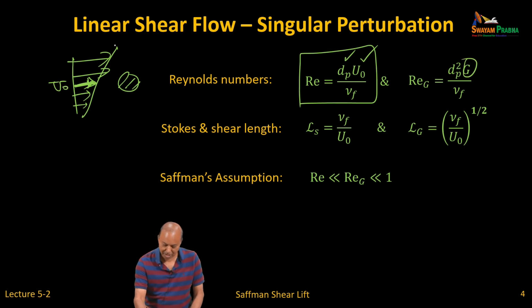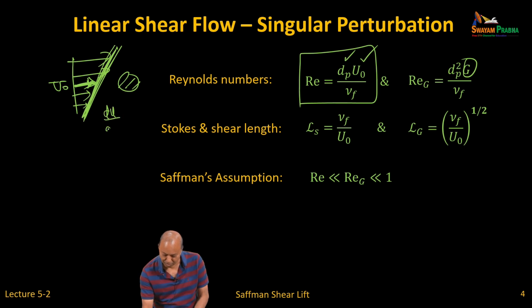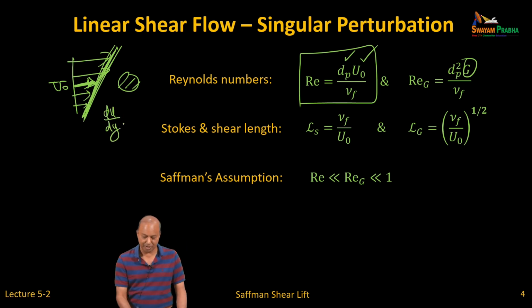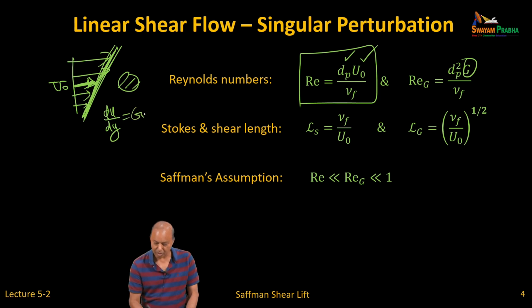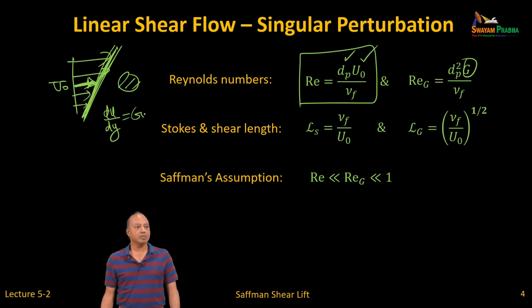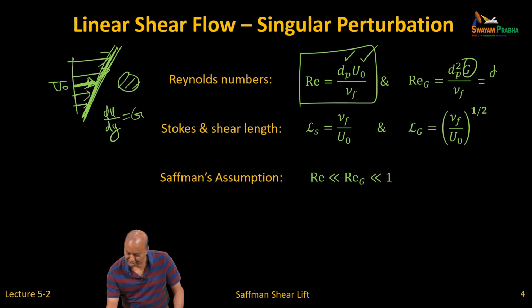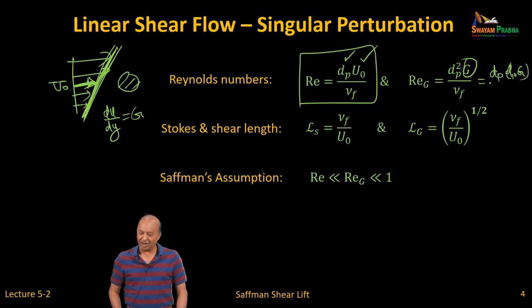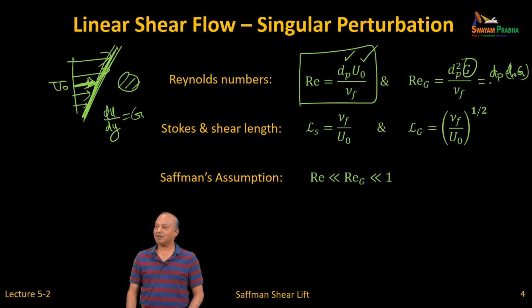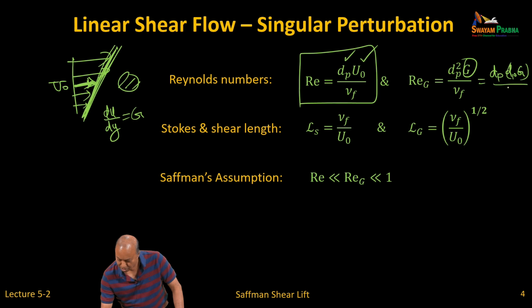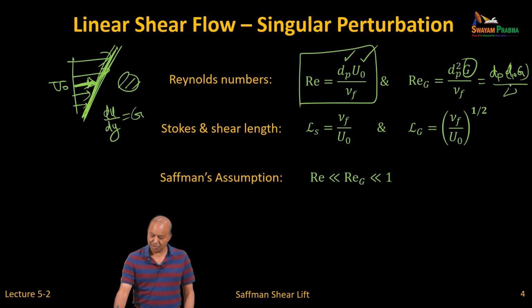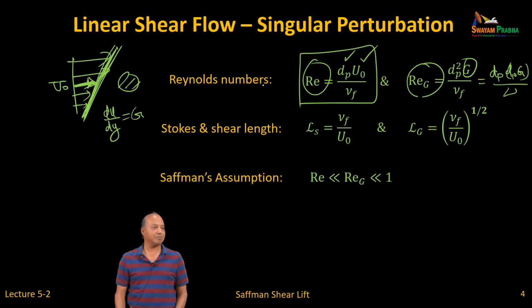G is the velocity gradient, du dy is g. So, you can write this as dp times g. So, the velocity is how much the shear velocity changes across one diameter. So, now you have two Reynolds numbers, shear Reynolds number and relative velocity based Reynolds number.